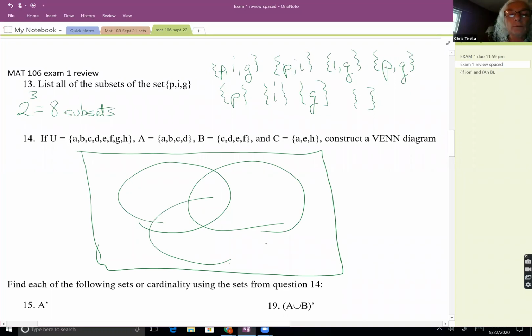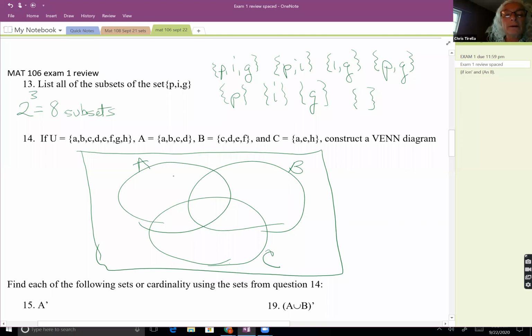And when you draw those loops, it's important that you label them. Where do I start filling it in? The middle, is there anything common to all 3 sets? No, so nothing goes in there.